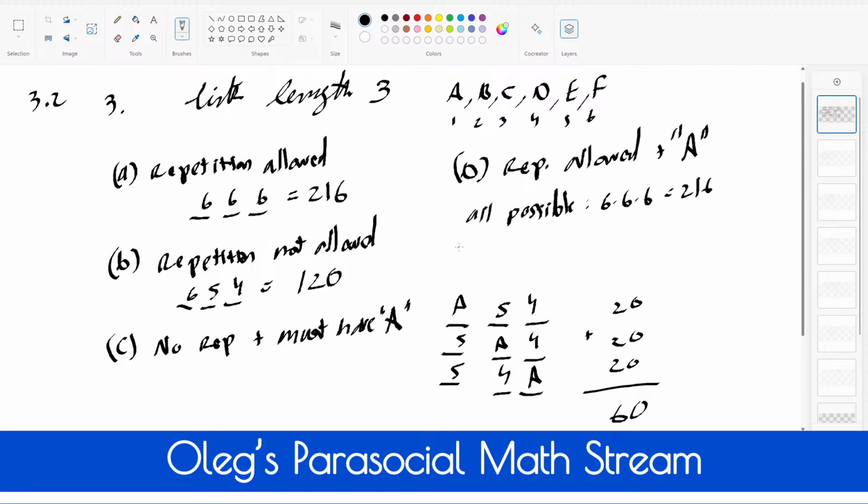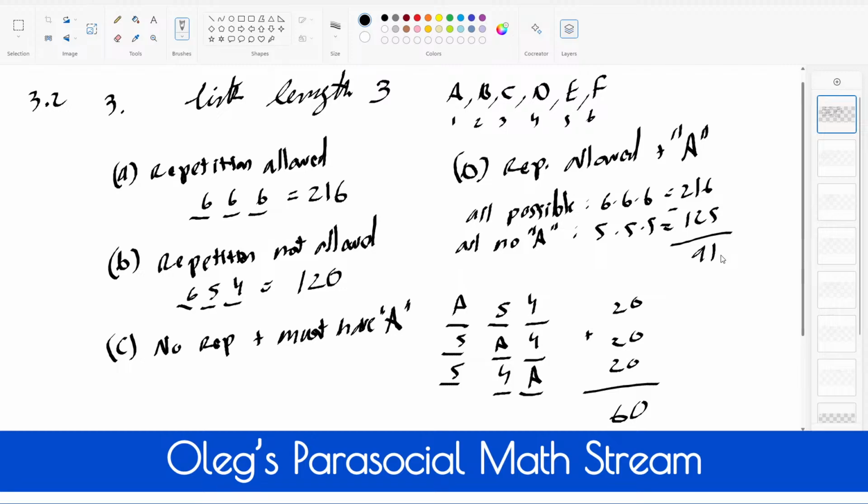Then we're going to say all no A, so 5 times 5 times 5. It's 125. And then we subtract the 125. Okay, and that's 91. That's the correct answer.